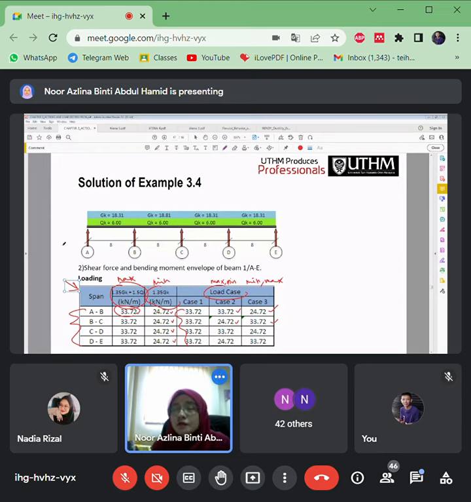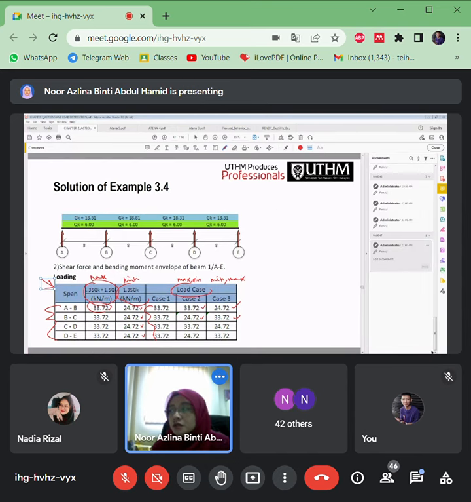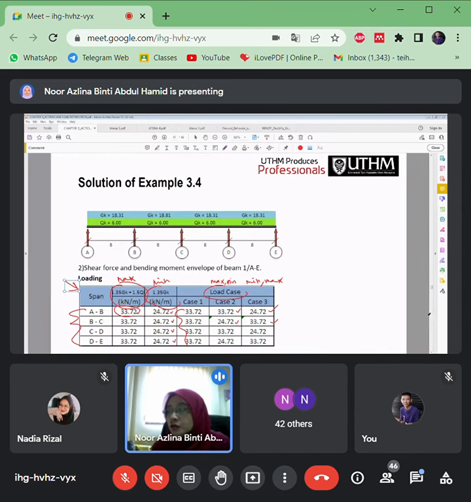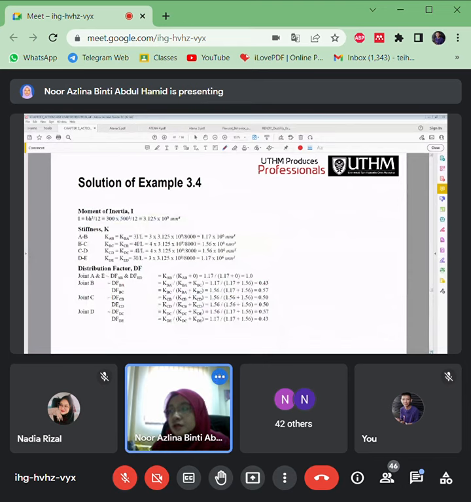1. From load case 1, you need to come up with its moment distribution method. In the moment distribution method, you need to know the stiffness, right? The stiffness is 3EI or 4EI divided by L. You need to arrange according to the spans, depending on what the far end support for that span is.